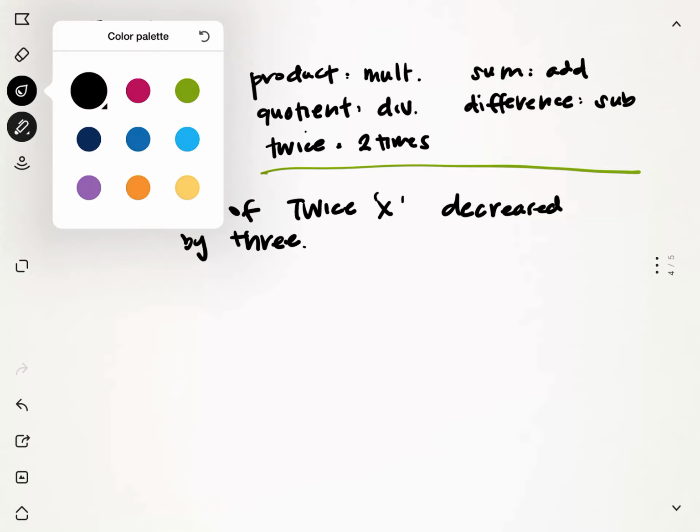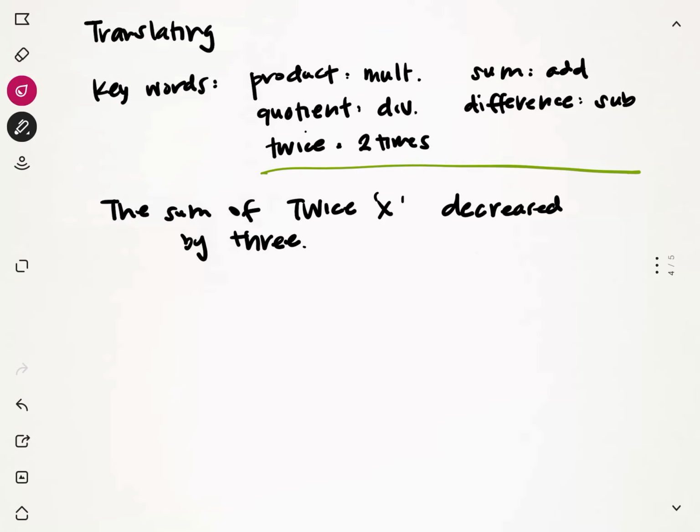And we're supposed to translate this. And we're going to go through this. Here's one of the keywords. There's an x involved. There's a 3 involved. And we see this decreased. All right, so let's go step by step here. Sorry, we forgot this one too, sum. All right, so we know we're adding. Twice means 2 times.